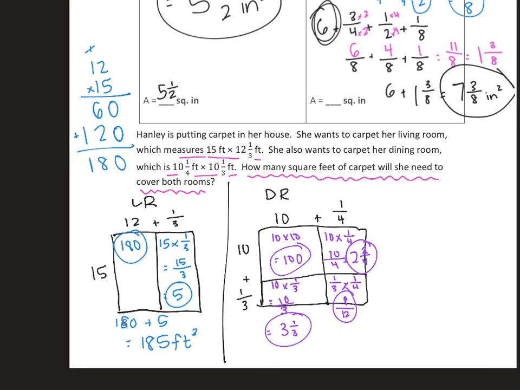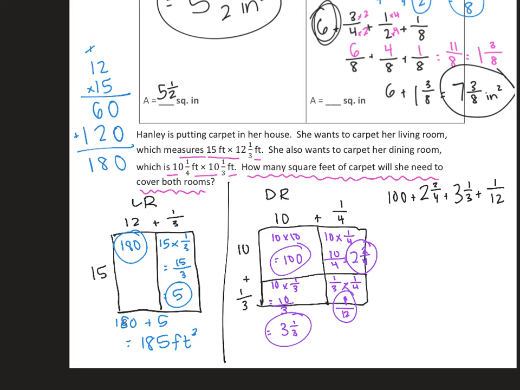All right, so we have a lot of partial products here. So we're going to say, all right, 100 plus 2 2/4 plus 3 1/3 plus 1/12.